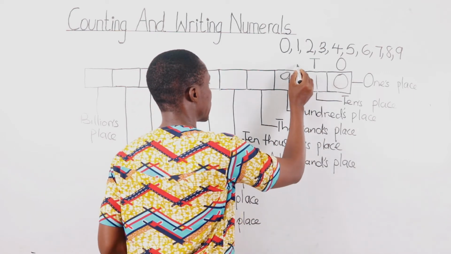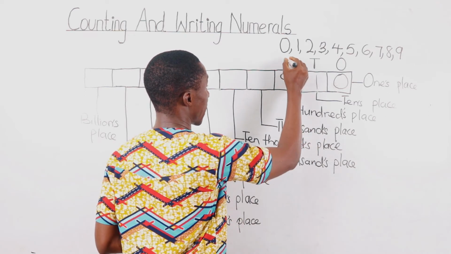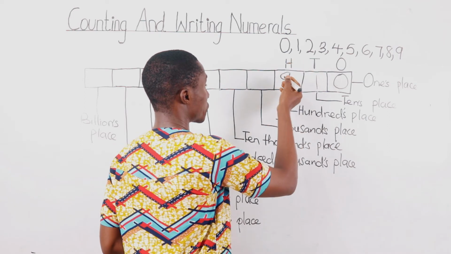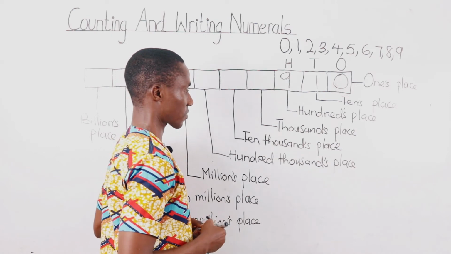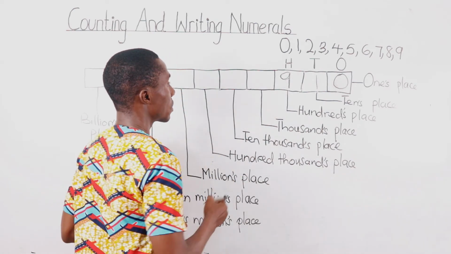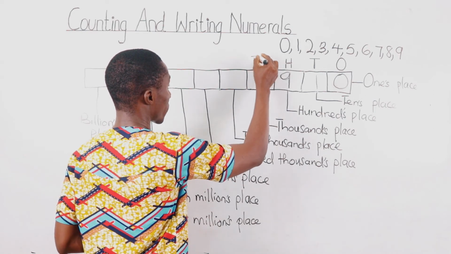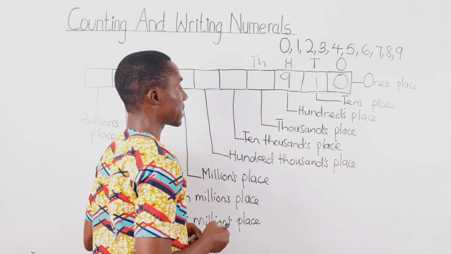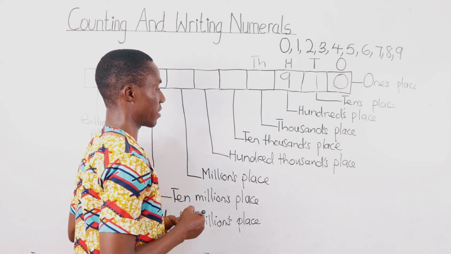For the third number place, we write the capital letter H on top of it, which stands for hundreds number place. For the fourth number place, we write the capital letter T and the small letter h, meaning the thousands place.